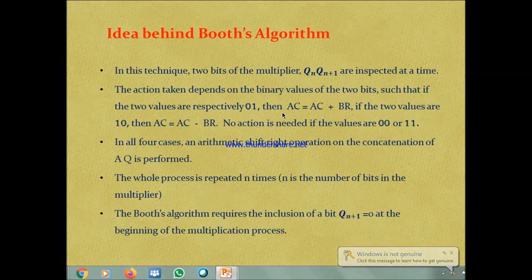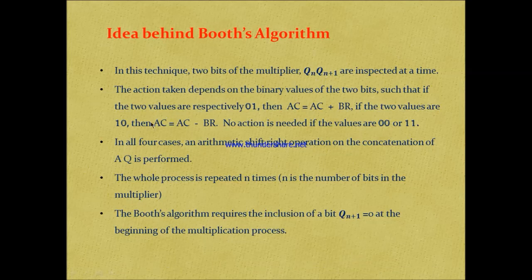Now the second case is that if Qn and Qn plus 1 are 1 0, then AC is equal to AC minus BR. And if these two bits are 0 0 or 1 1, then no action. That means no addition or subtraction, so we will not perform addition or subtraction.